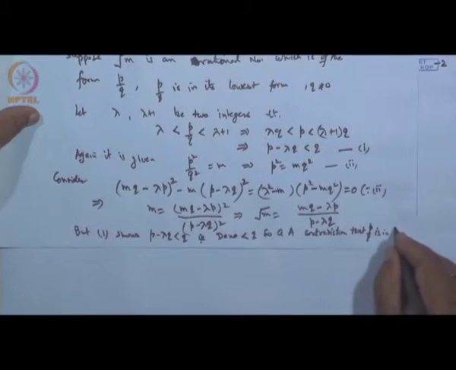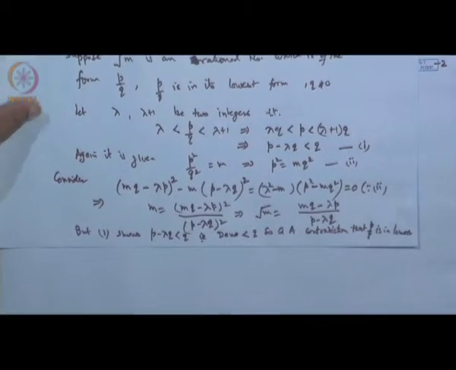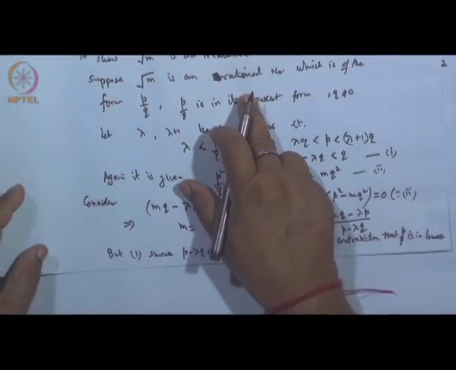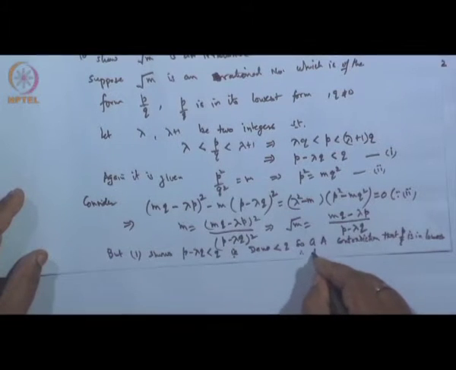This contradiction is reached because of the wrong assumption that it is a rational number. Therefore, root m is an irrational number.